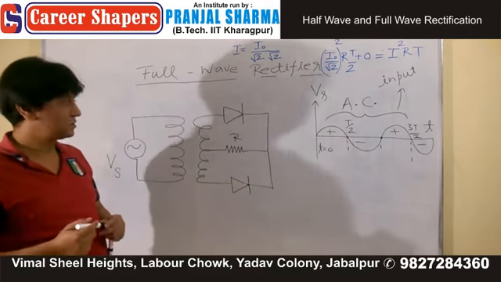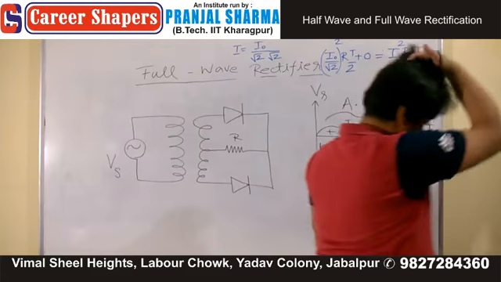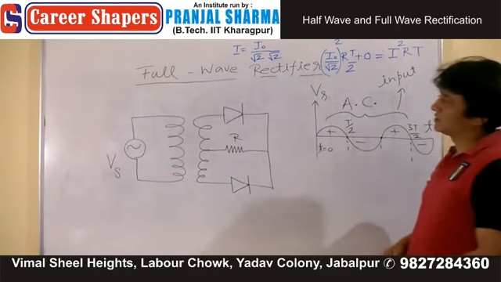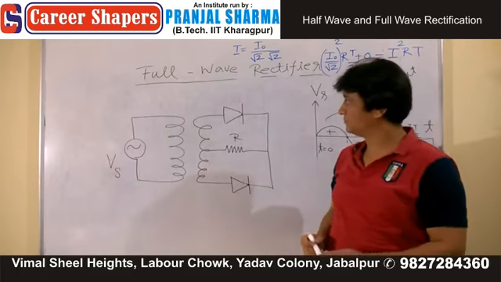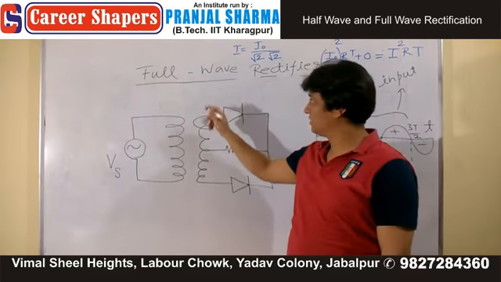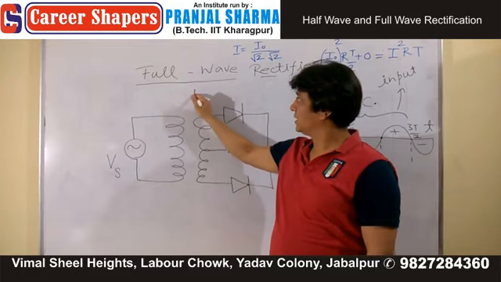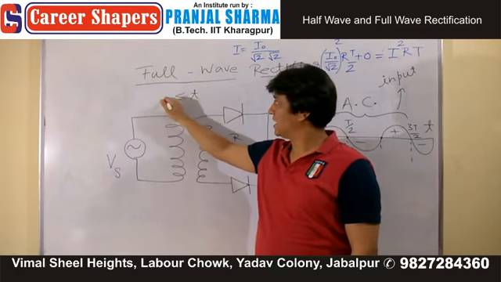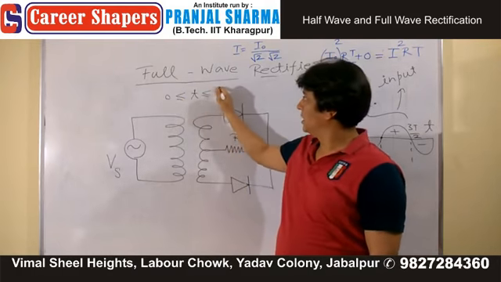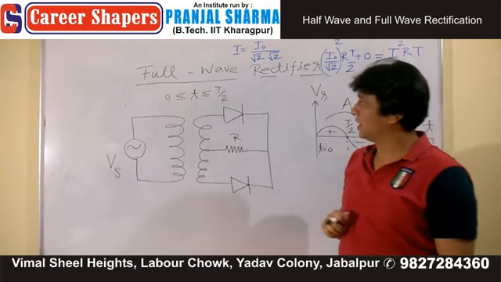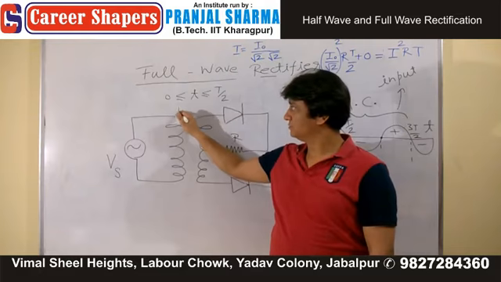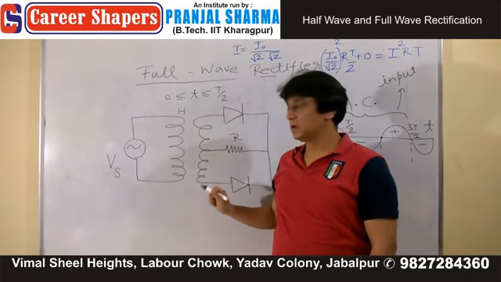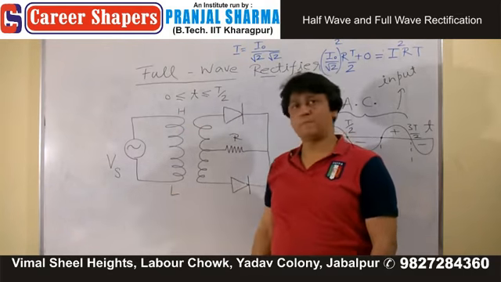Now look what happens. For first half, t greater than 0, less than t by 2. In this portion, this is high, this is low.